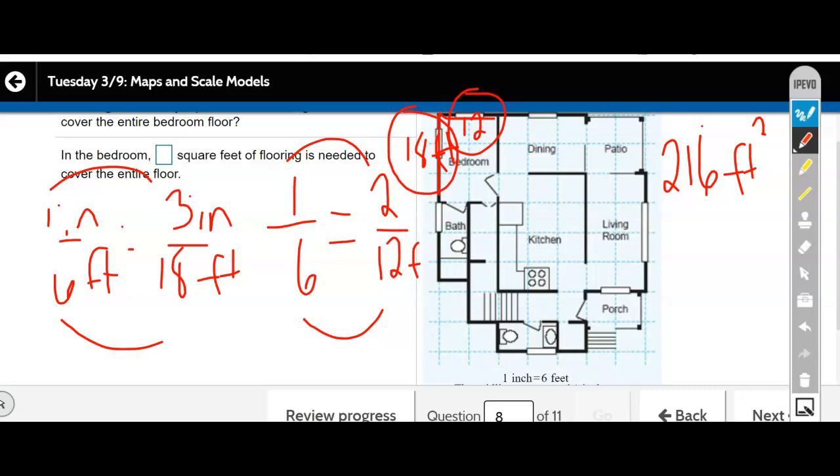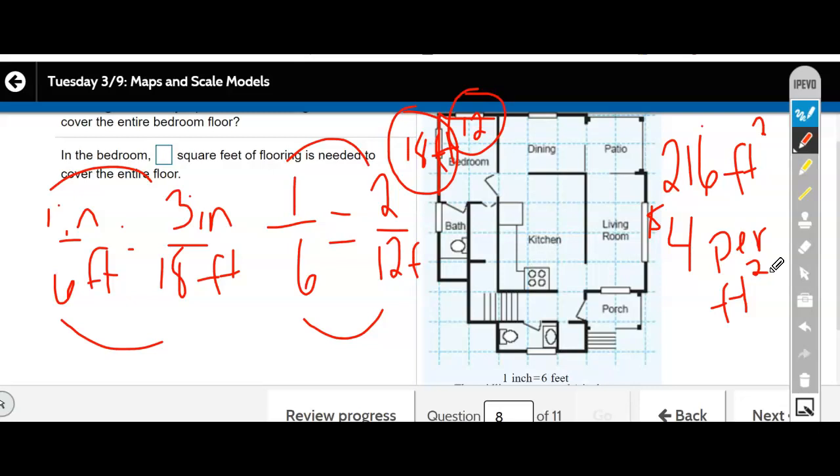Right? Now the challenge question, you're going to have a challenge one, number 11. It's going to say, okay, let's say that we are buying flooring. It cost $4 per square foot. So how much is it going to cost to put carpet in that bedroom? What do you think?